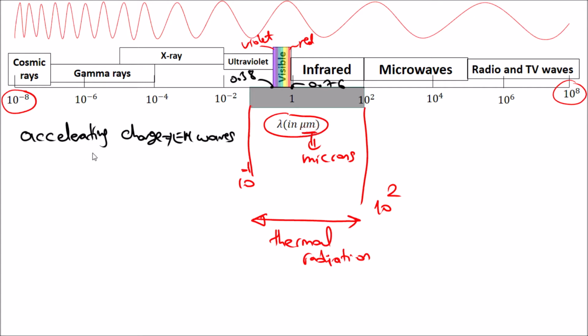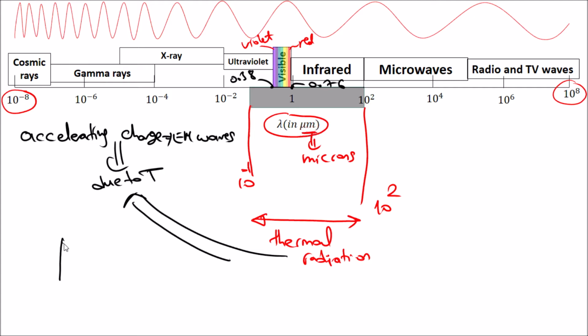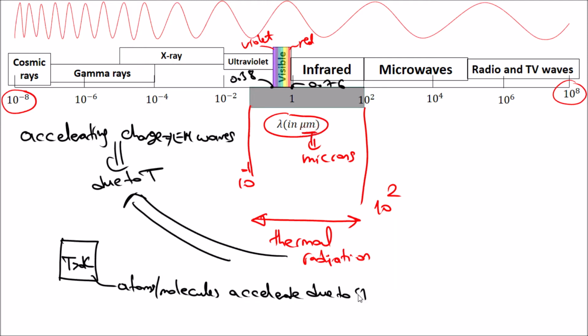And for the thermal radiation, this accelerating charge is due to temperature. Because if you have an object with some temperature greater than 0 Kelvin, it means that the molecules or atoms of the object are accelerating due to temperature.